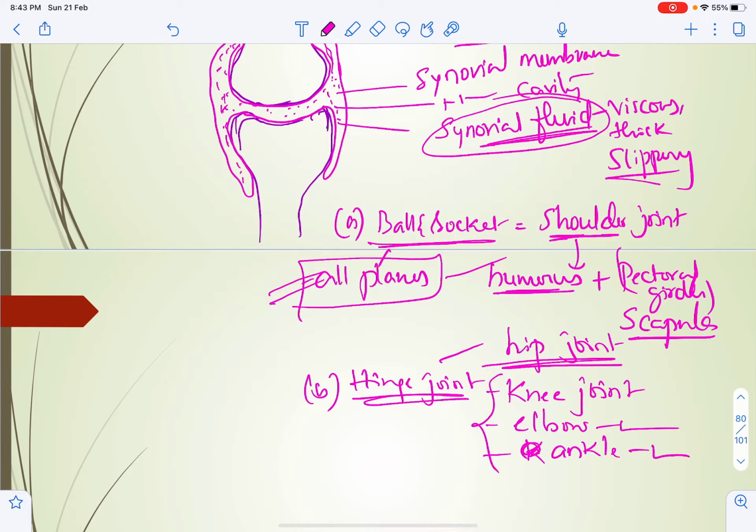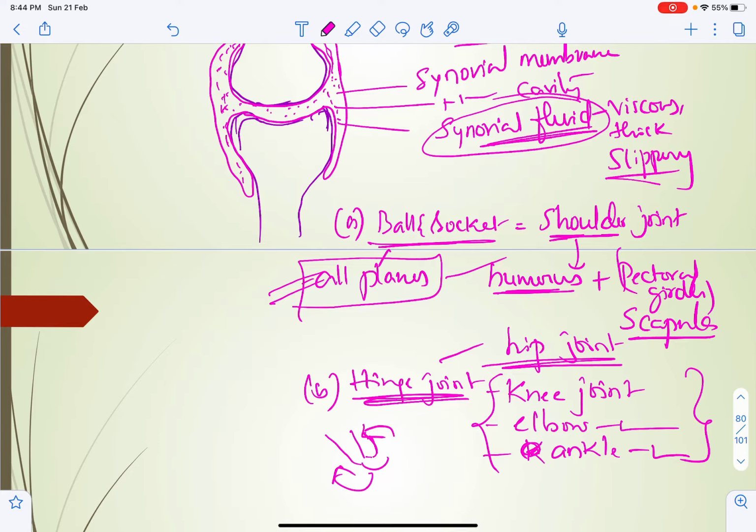So in these three places we can see hinge joint. In the case of the hinge joint, if this is the elbow joint, you can bend like this, right, but not backside.